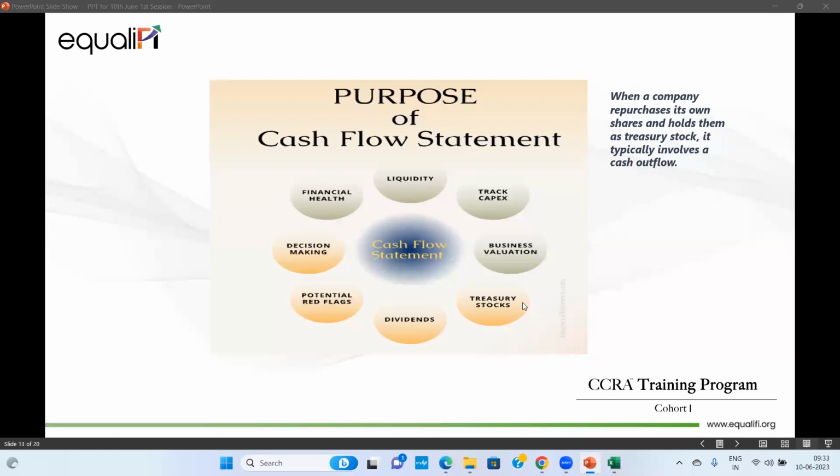So if my cash balance is reduced, then... Arvind, I didn't get your question. Cash flow tells under which activity means? Can you just elaborate your question, please?